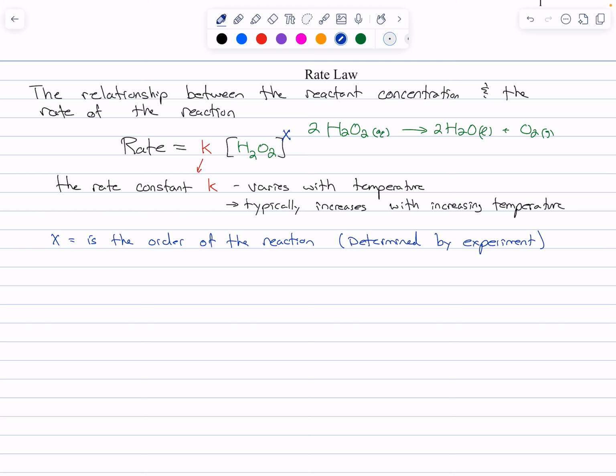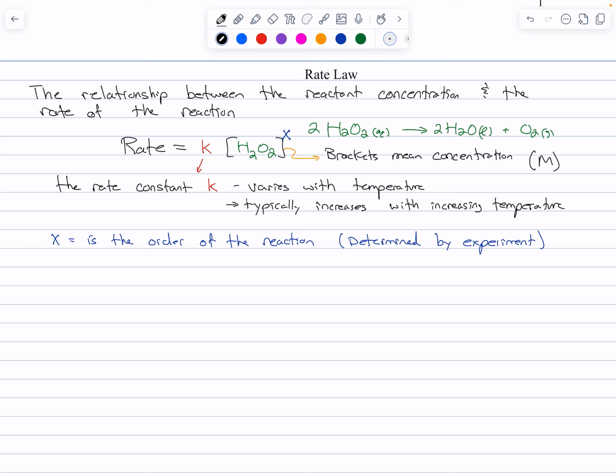It's not the coefficient. It could be, it could be squared, but typically it's not always that way. You have to do an experiment. You can't just look at it. Now, again, the brackets mean concentration, which will be molarity.